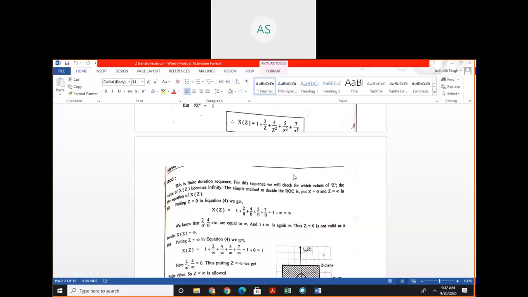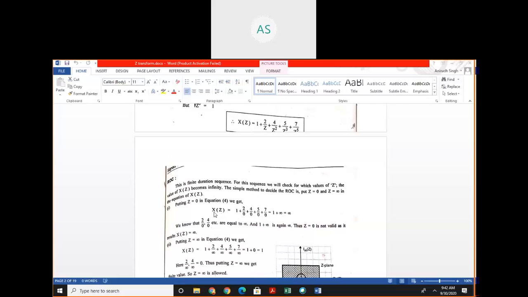Then ROC. This sequence is of finite duration because there are only 5 elements. So finite duration, and if we put z is equal to 0 or z is equal to infinite, then we get the ROC, means region of convergence. First we put z is equal to 0, then X of z is equal to 1 plus 0, 0 and we get infinite.